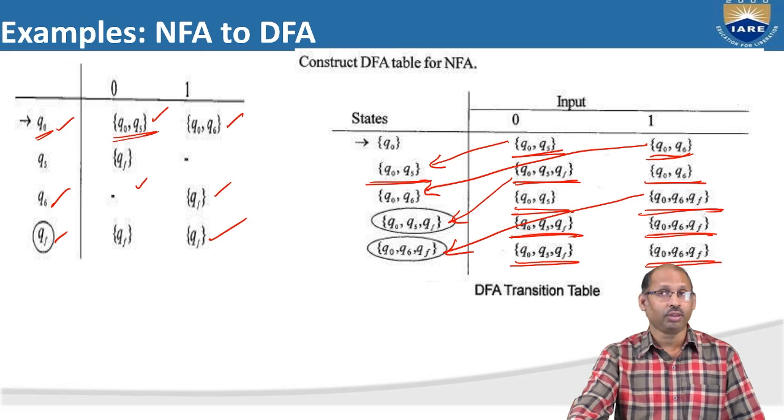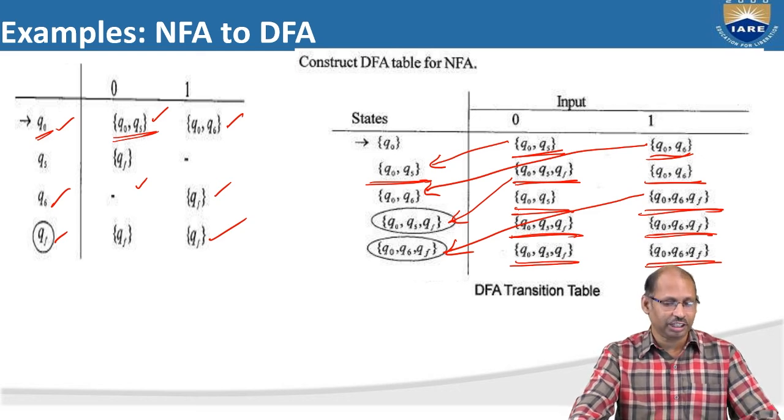Right? So instead of finding all the 32 transitions, we are considering only the initial state and its transitions and the states which are connected to the initial state. So only these 5 states are connected with our initial state.